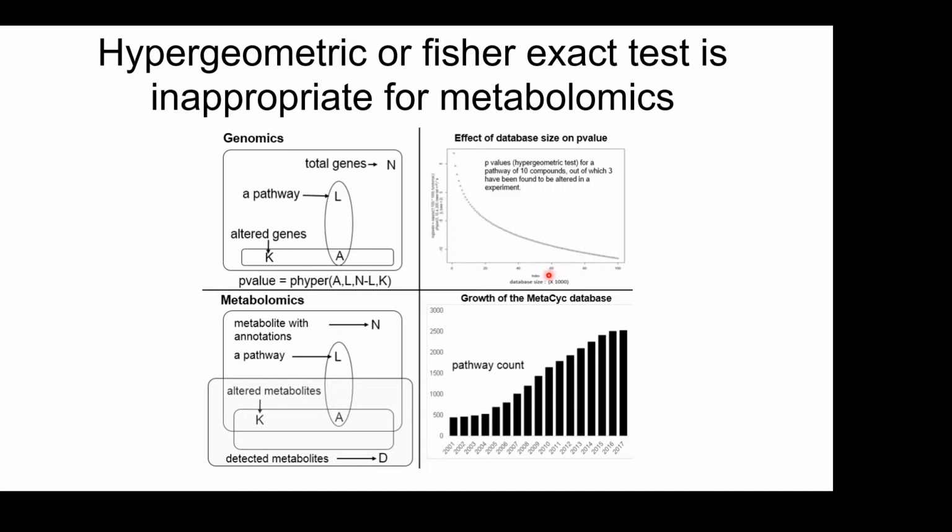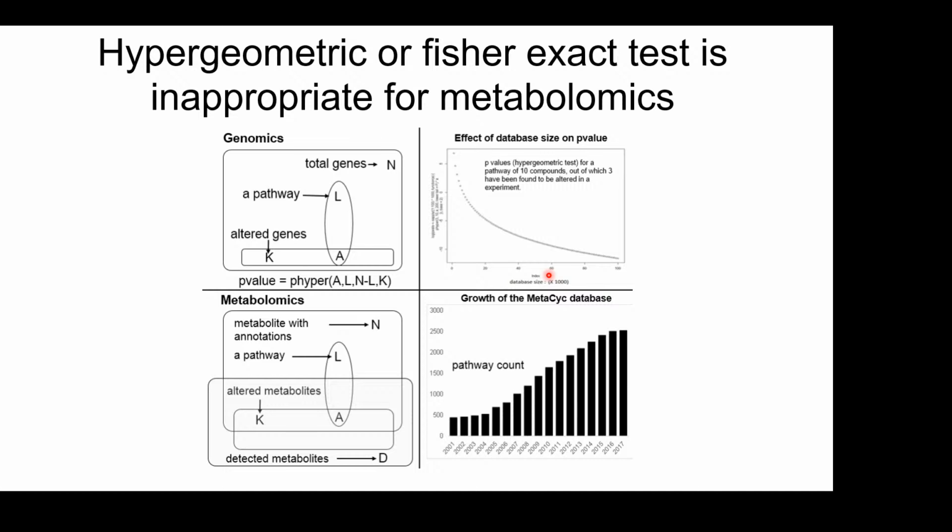So hypergeometric tests really depend on a background database, which does not exist for metabolomics matrices or metabolomics assays. Each analysis gives you a different set of chemicals that varies from one lab to another lab to a third one.